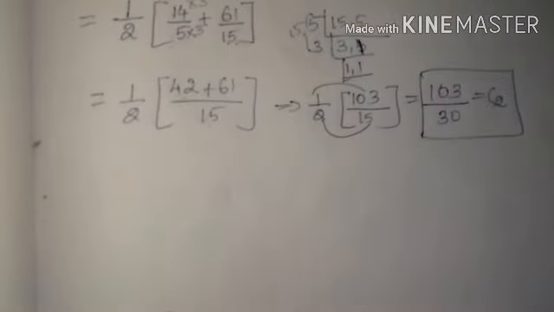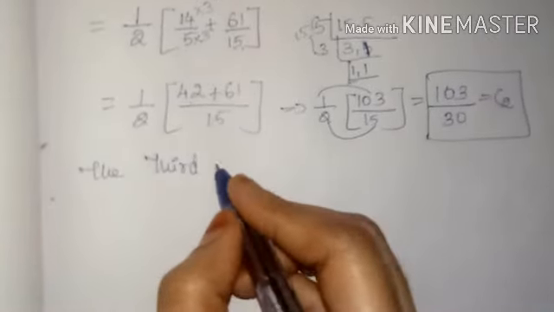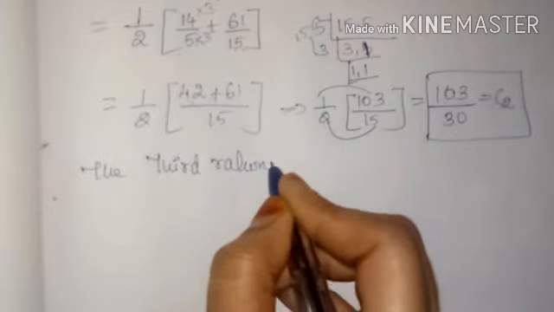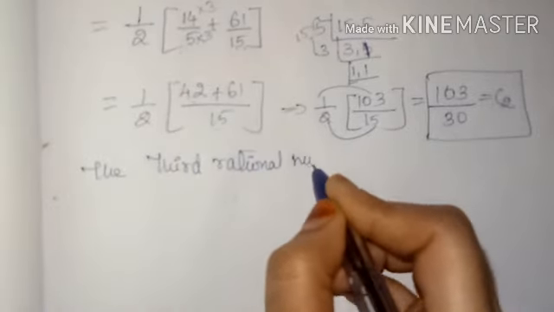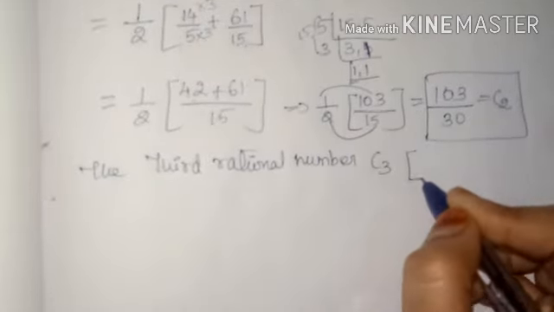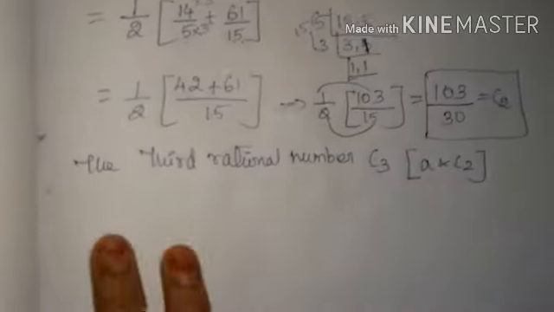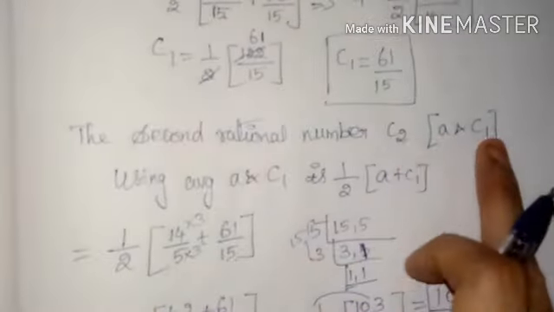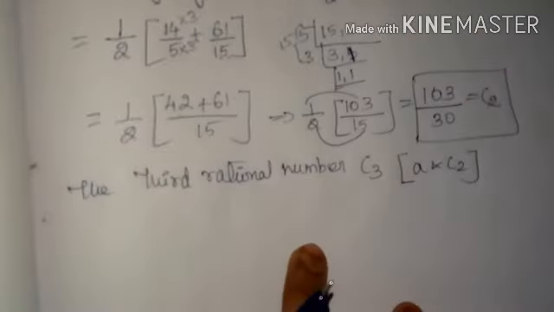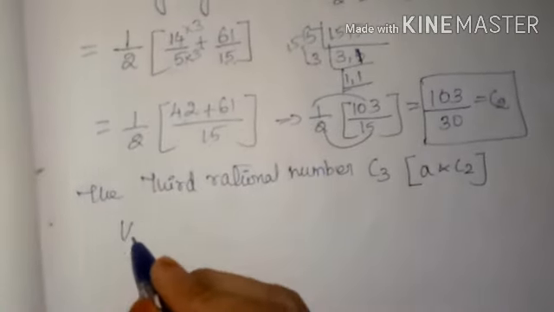Next we have to find our third rational number, C3. It is between the rational numbers A and C2. The second rational number should be in the format of A and C1, but the third rational number should be between A and C2.